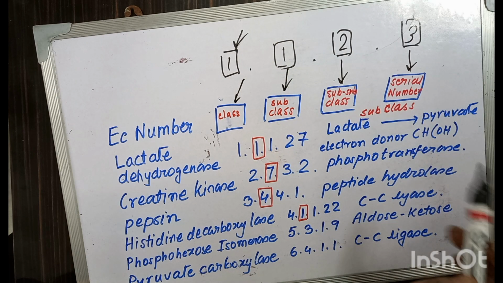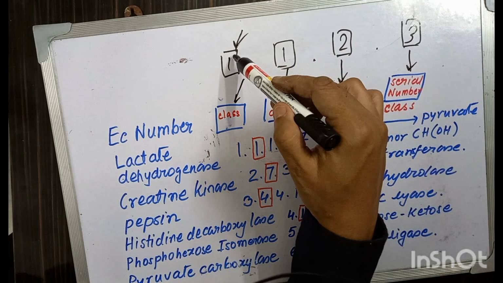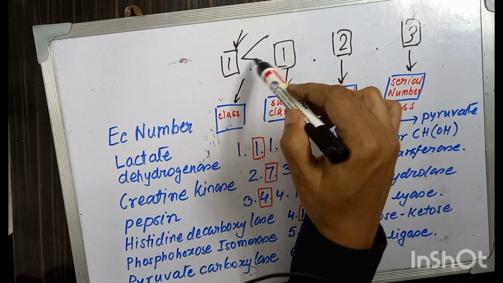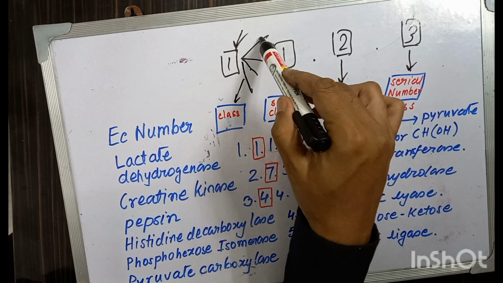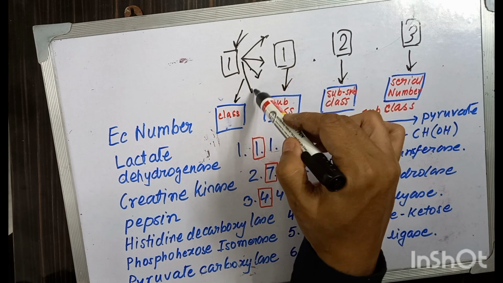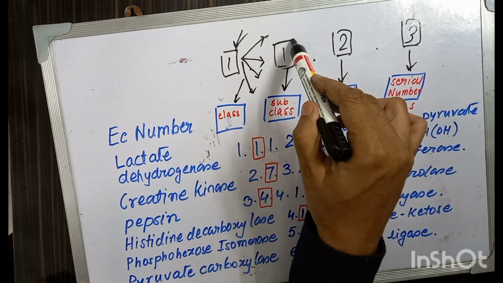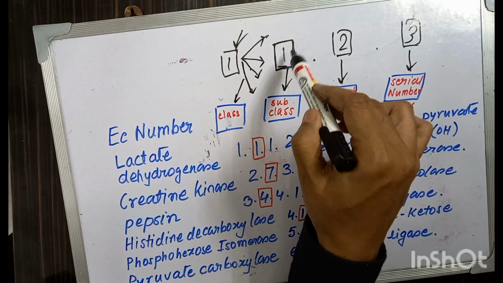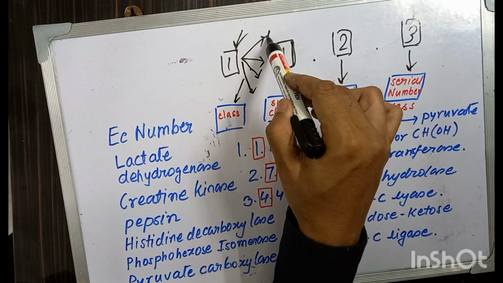Within that class there can be different subclasses, say 1, 2, 3, 4, but for a particular enzyme I have just written 1.